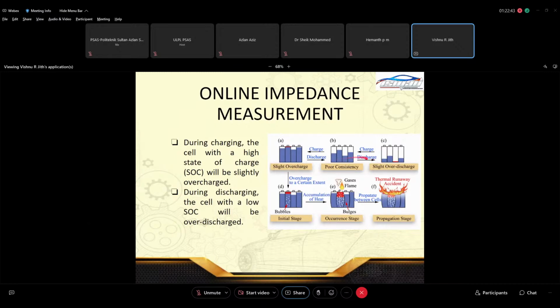Due to this process, there can be a formation of bubbles in the battery because of the overcharging. To a certain extent, it will accumulate bulging, which leads to formation of gases and flame. It eventually propagates to thermal runaway, that is, it propagates to the nearest batteries and so on.